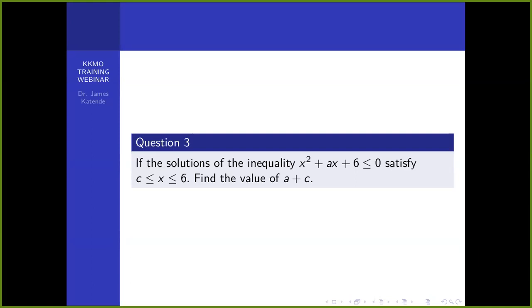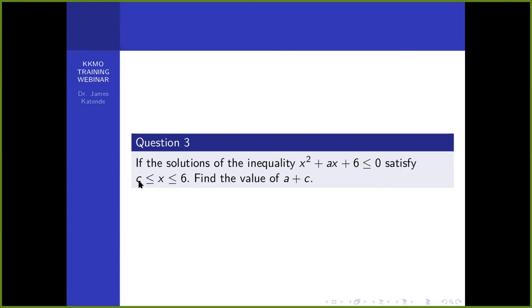So this is a quadratic equation, and since the coefficient of the highest power is positive, it means it's a quadratic graph that's facing up. So that's one thing we can note about this. Now, if the solutions lie between c and 6, if the graph is less than or equal to 0, it means it's below the x-axis between c and 6.